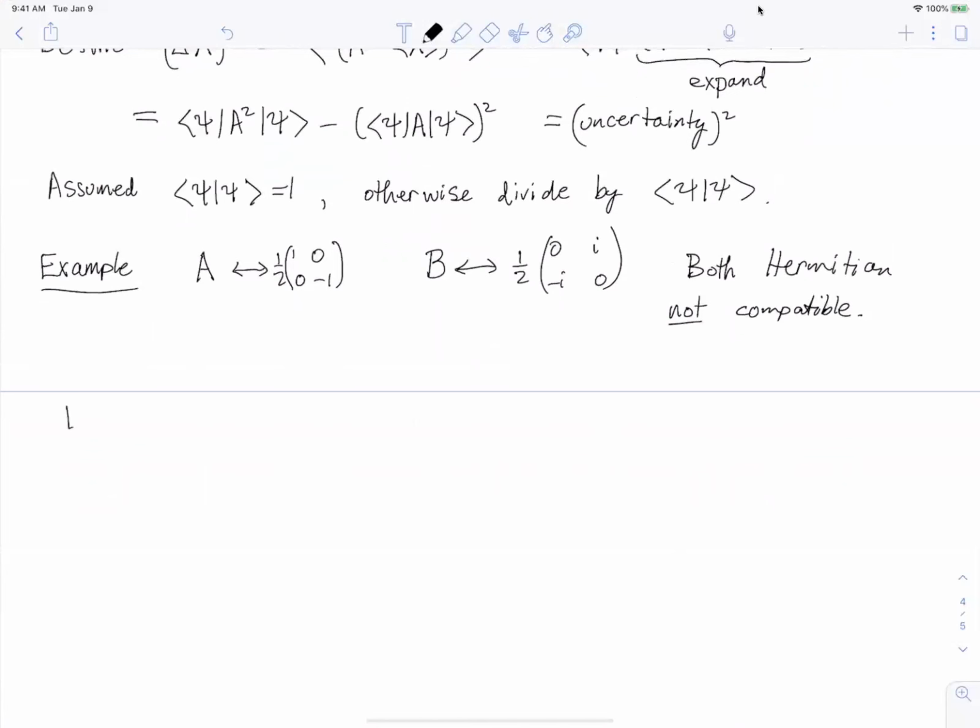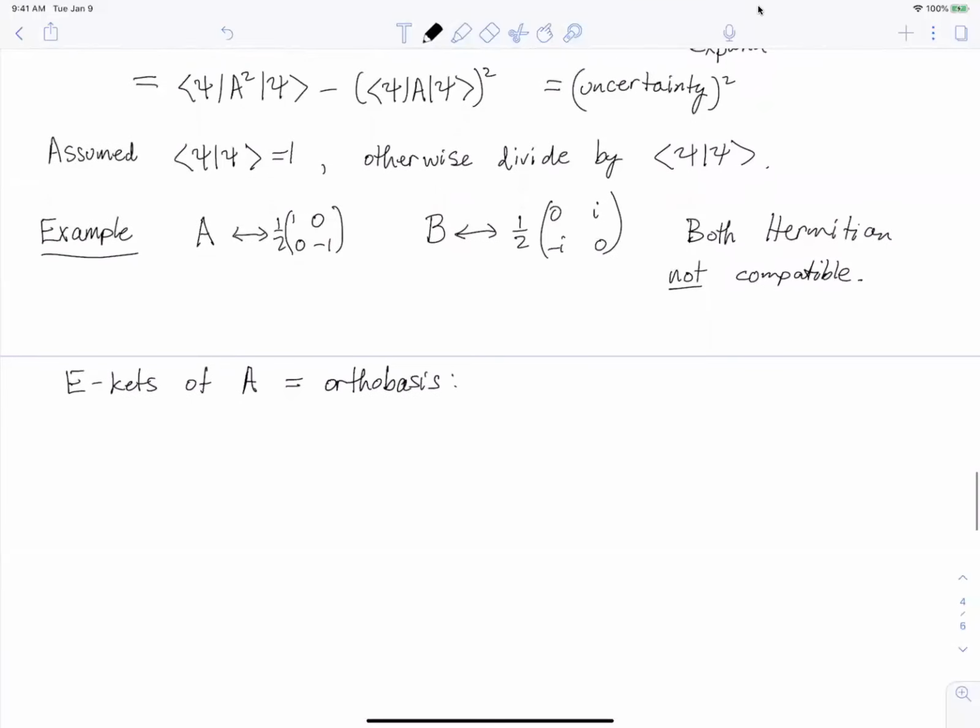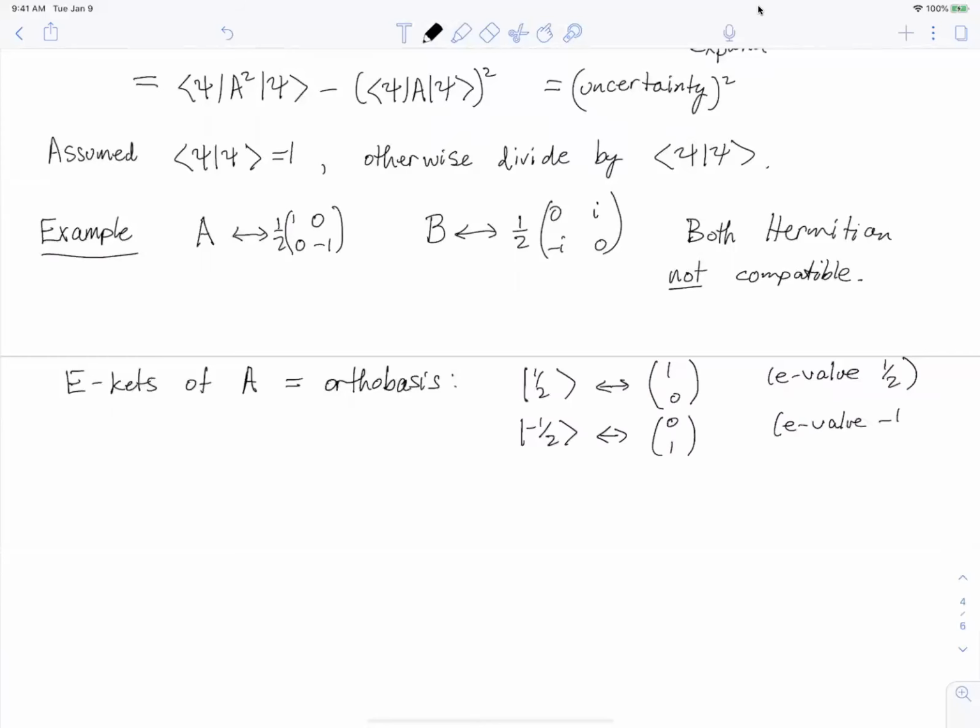Okay, and so the eigenkets of A are going to be an orthobasis because A is an observable. And the orthobasis can be labeled by the eigenvalues of A. So I'm going to call them the ket 1/2, which is represented by the vector 1, 0. This has eigenvalue 1/2 for A. And the ket minus 1/2, which is going to be represented by the vector 0, 1, which has eigenvalue minus 1/2.